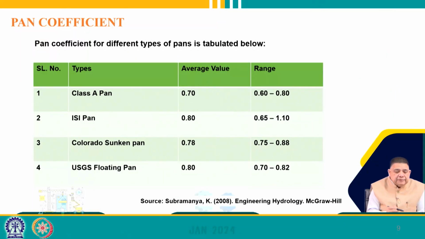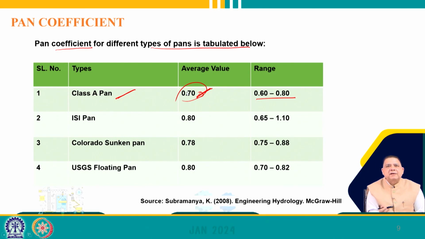This table gives the pan coefficient for different types of pans. For example, for the class A pan, the range is 0.6 to 0.8 and its average value is 0.7. That means whatever data we measure in a class A pan, on average has to be multiplied with 0.7, or 70% of that is the representative value of lake evaporation.